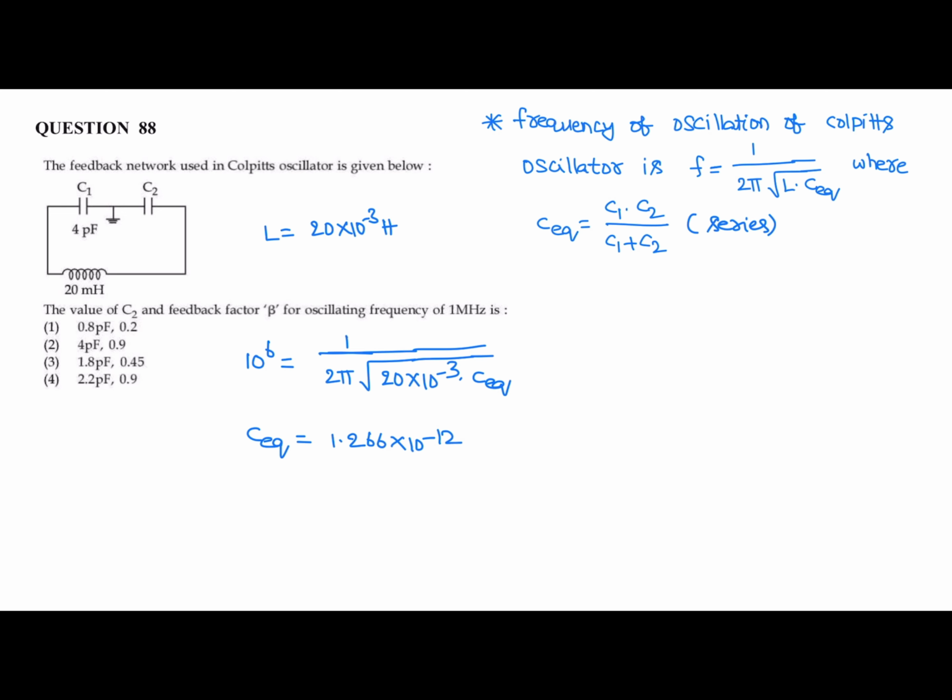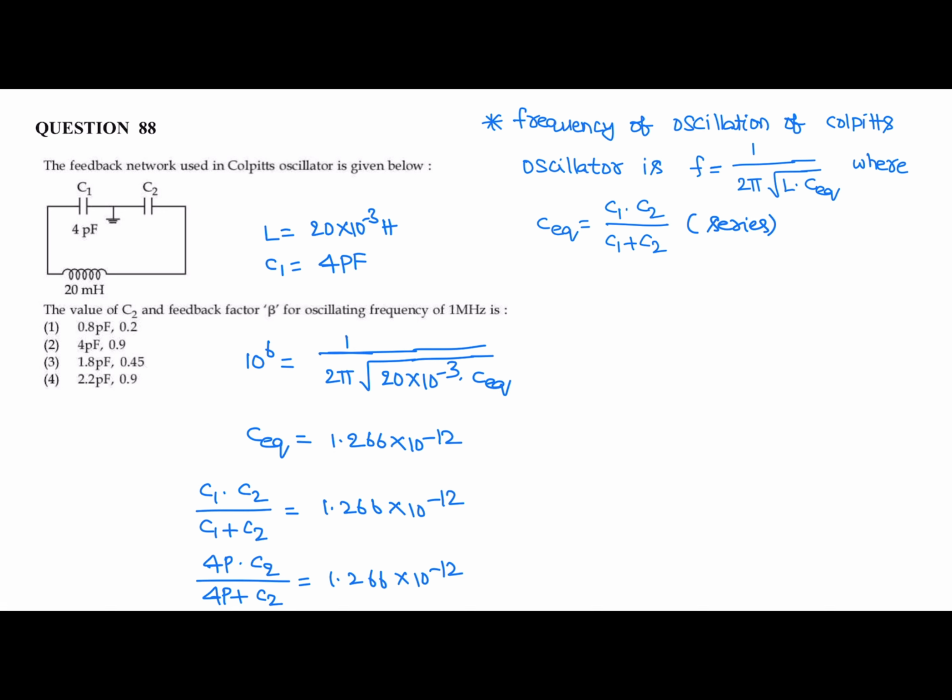We know that C equivalent is C1 C2 by C1 plus C2. Its value is 1.266 into 10 power minus 12. Given C1 is 4 picofarad. Substitute the value of 4 picofarad for C1: 4 pico into C2 by 4 pico plus C2 is equal to 1.266 into 10 power minus 12.